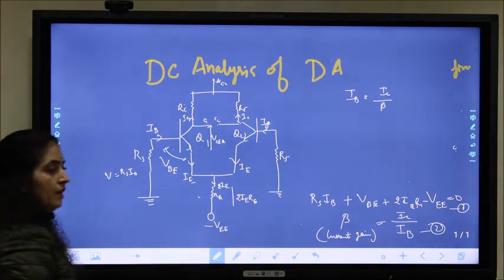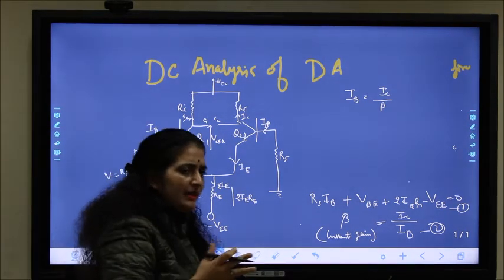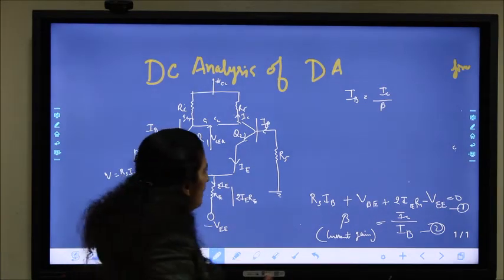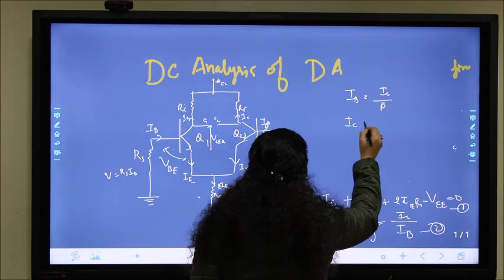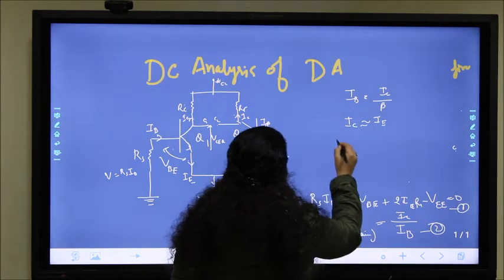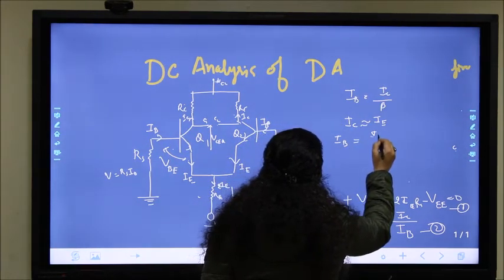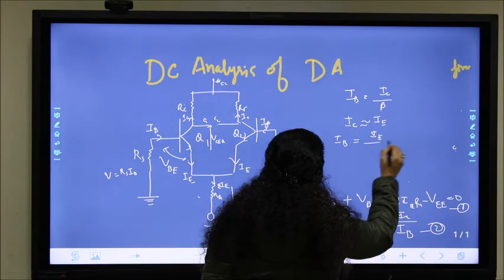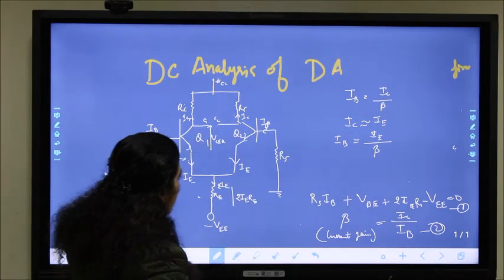Since the circuit is symmetric, IC is equivalent to IE. So I can write IB is equal to IE upon beta.